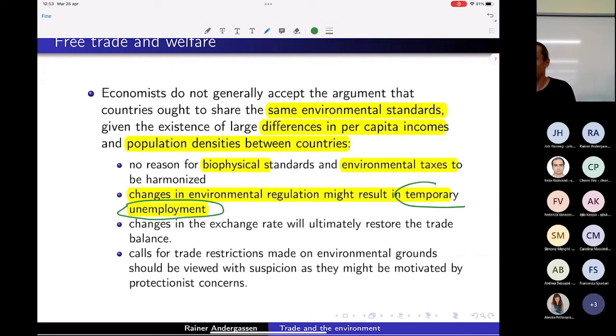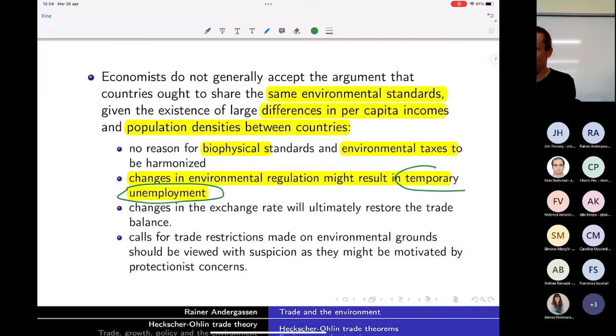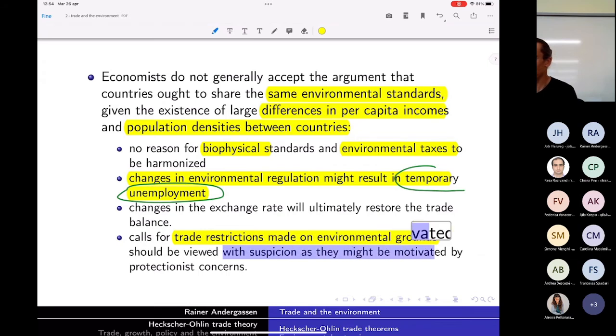Then clearly we know that labor markets do not work perfectly, and it might take some time to adjust to such policies. And so that's why trade restrictions made on environmental grounds should be viewed with suspicion, because they might be motivated by protectionist concerns.